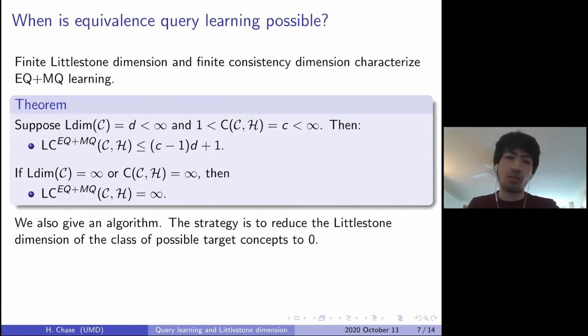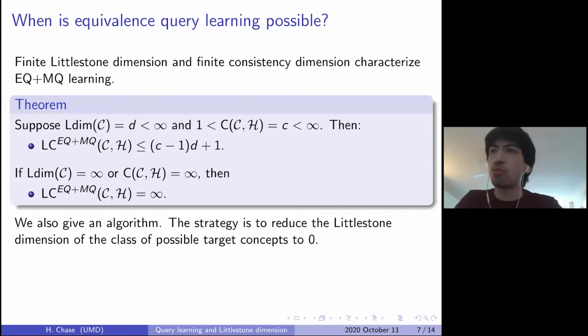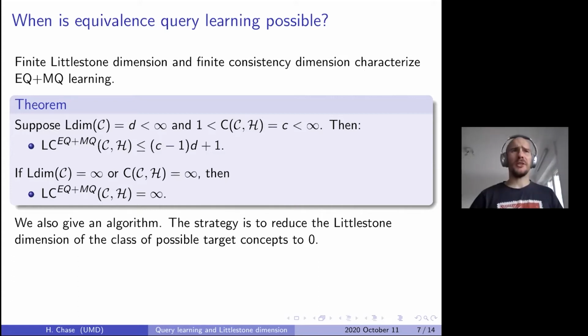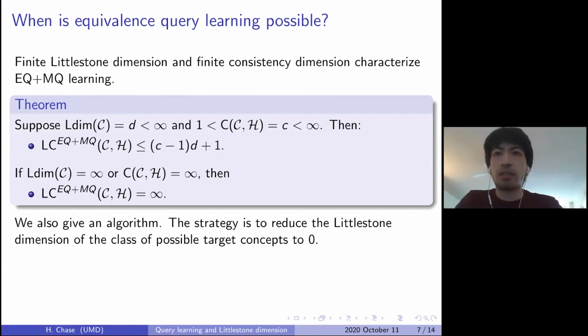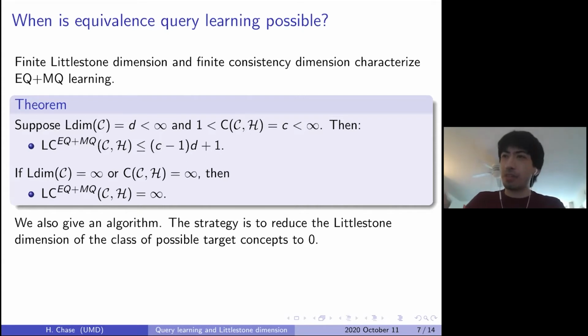So consistency dimension would be what, 2 or 1? Yes, 2. Okay. And the infinite Littlestone dimension, that I understand. Yes. Because in that case, learning becomes: can you nail down an endpoint in a dense linear order? And we won't be able to do that.